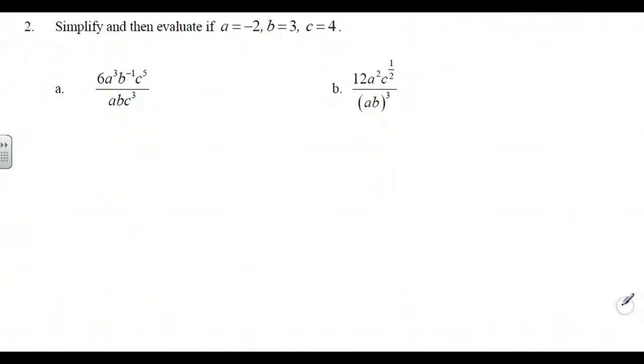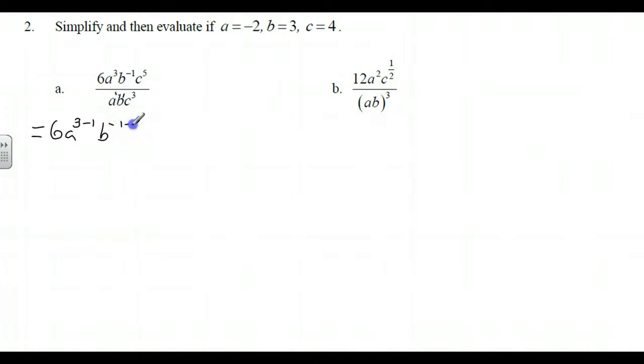Simplify and then evaluate. Okay, so it's a lot easier if we simplify this first and then we plug in the numbers and work it out. So let's give this a try. We got a 6, we got a to the 3 minus 1, we got b to the negative 1. Okay, and remember there's 1's here.